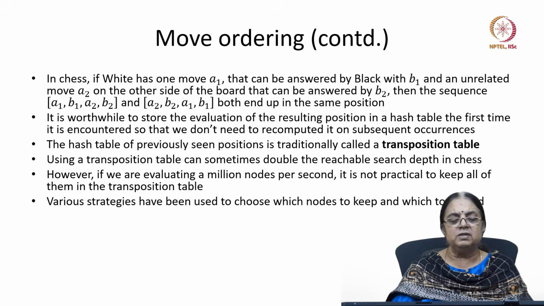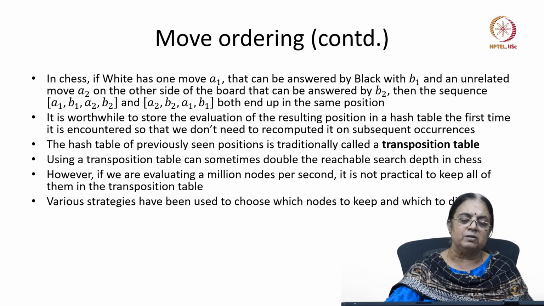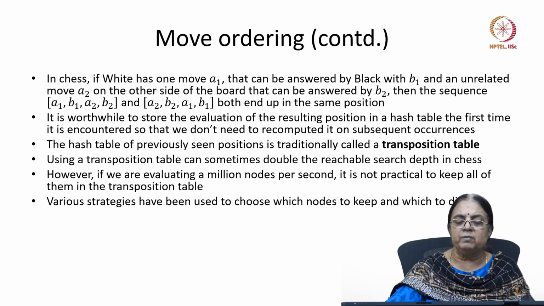So they store the same result for both orderings in a hash table, which is known as a transposition table. If you use a transposition table, you may be able to double the reachable search depth in chess or somewhere close to that.